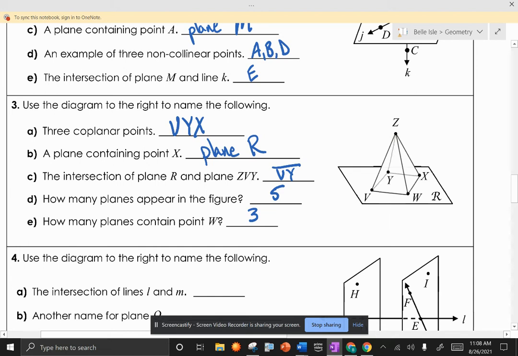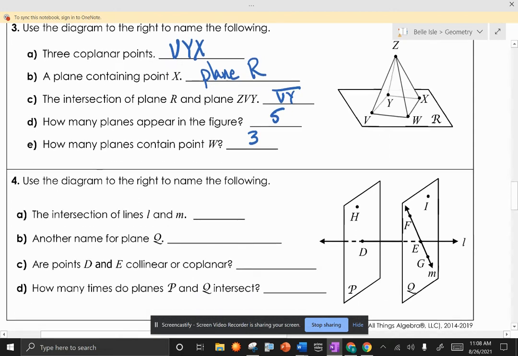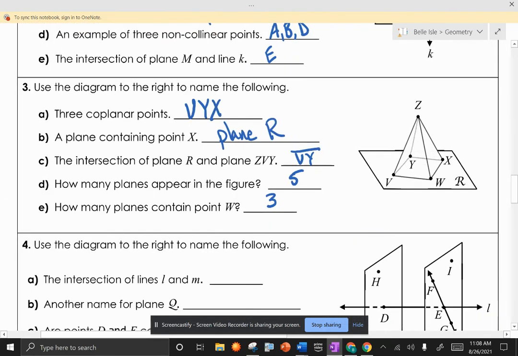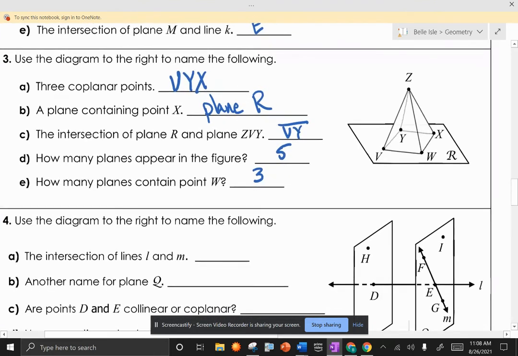That one right there. Oh yeah, that looks weird. Yes. Okay, let's look at number 3.